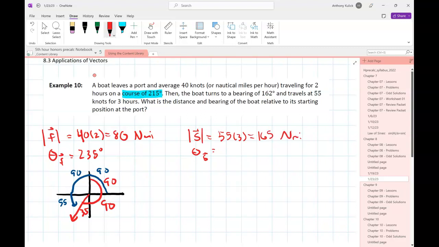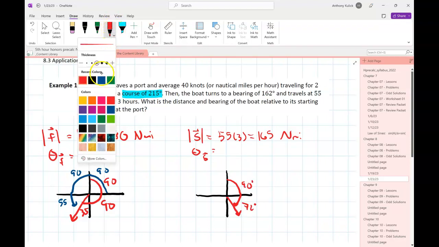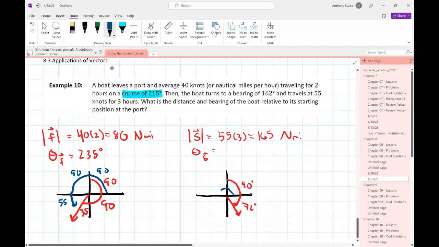And again, it says the bearing is 162. So we need to convert that into a standard position. We do 90 and then 72 more. And then to get the standard position, that's 90, 90, 90, and then 18 more.